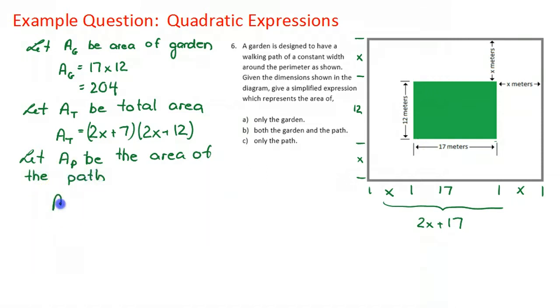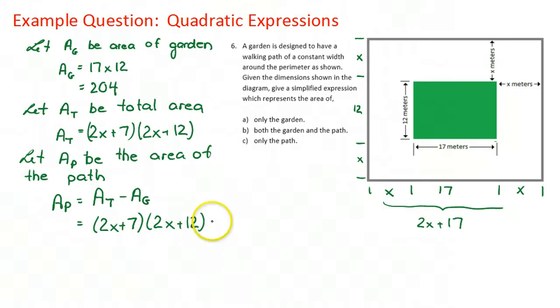So the area of the path is going to be the total area minus the area of the garden. So therefore, the total area we see is 2x plus 17, 2x plus 12 multiplied together, plus, oh sorry, not plus, we want to subtract, minus 204.